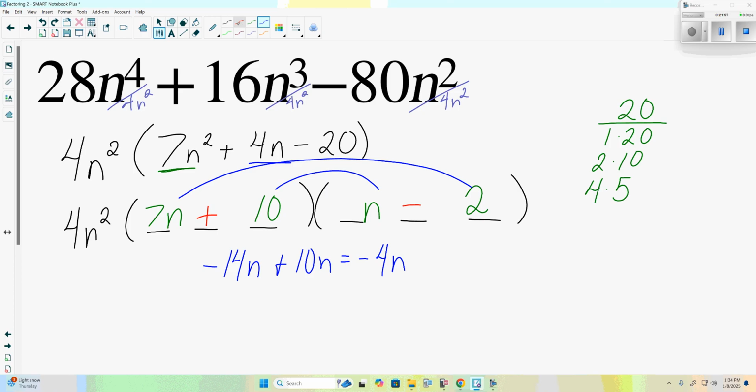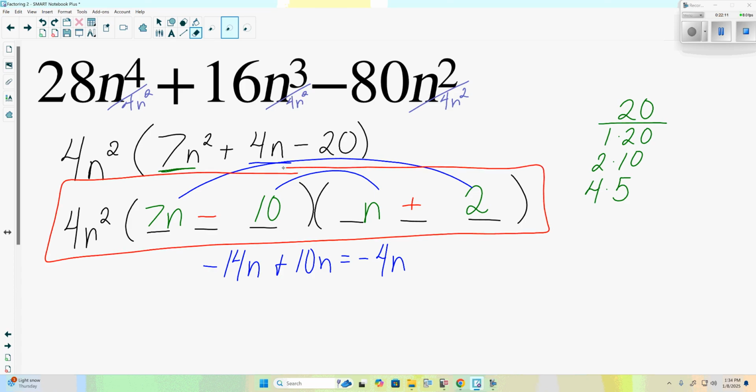So we did get the correct number, but again, we got the wrong sign, so we just need to flip the signs. Telling us that our final answer is 4n squared times 7n minus 10 times n plus 2.